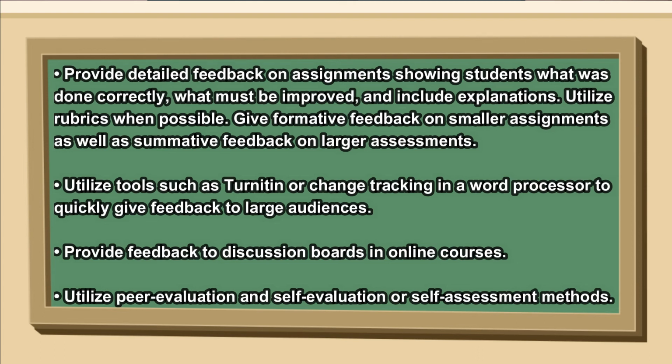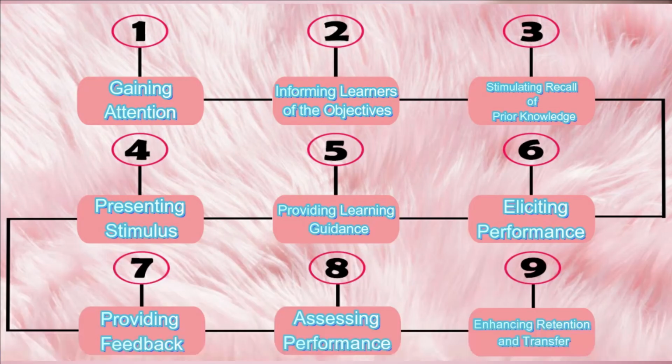Second, utilize tools such as Turnitin or change tracking in a word processor to quickly give feedback to large audiences. Third, provide feedback to discussion boards in online courses. And last, utilize peer evaluation and self-evaluation or self-assessment methods.